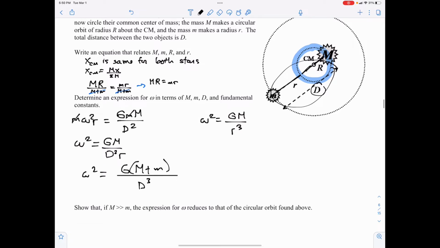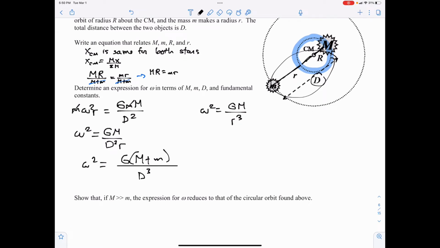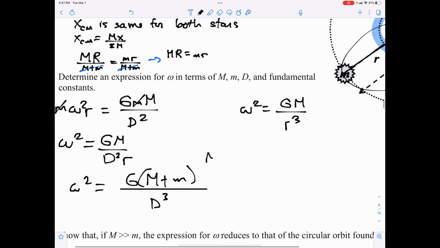Okay, so show that if mass big M, the big star, is so much bigger than the little star, the expression for omega reduces to essentially this, because if M is so much bigger than this, then this essentially goes to 0 compared to that.